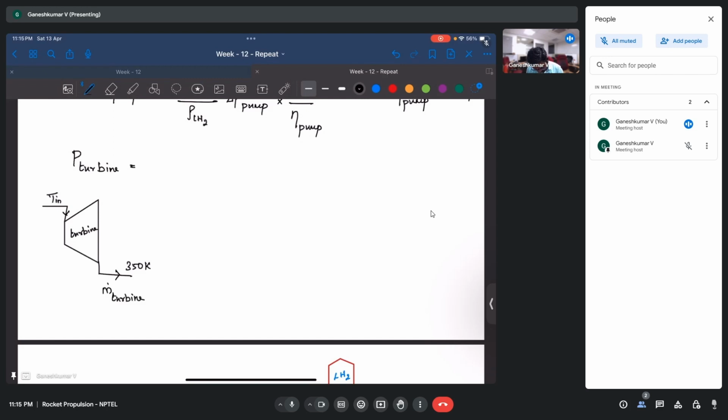Now what also happens from the turbine is there is going to be work output, work done by the turbine. This work done by the turbine is nothing but m dot of the turbine into the change in enthalpy across the turbine. The change in enthalpy here is going to be simply Cp times T in minus 350.